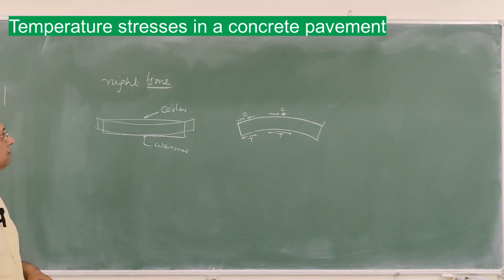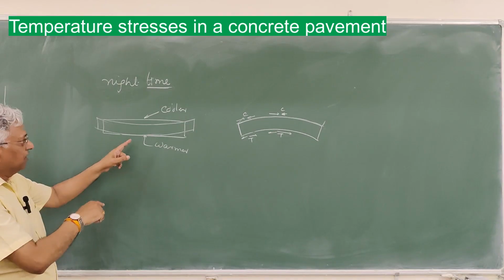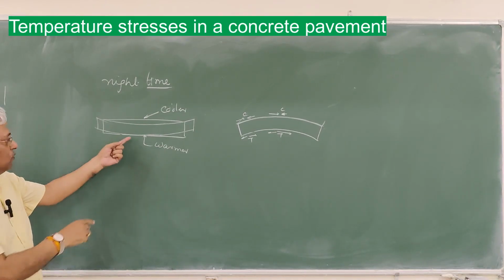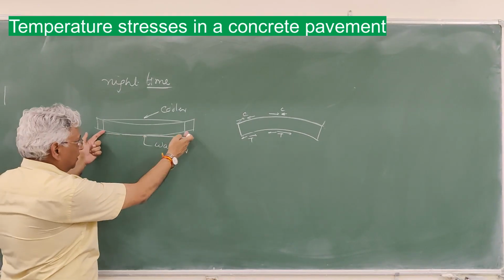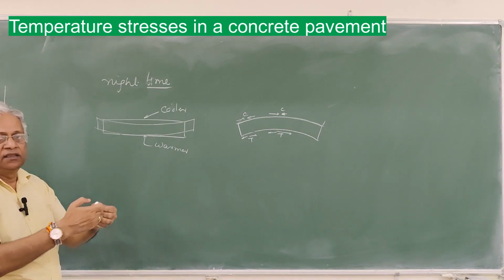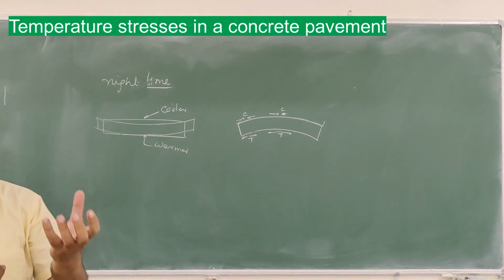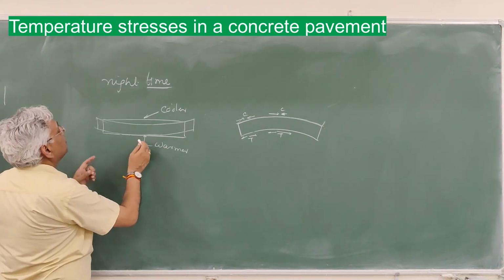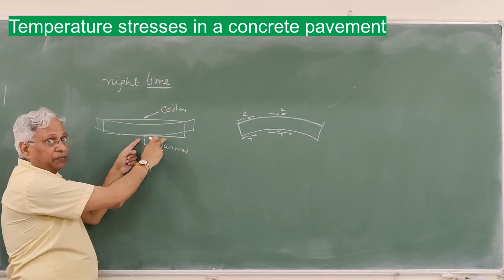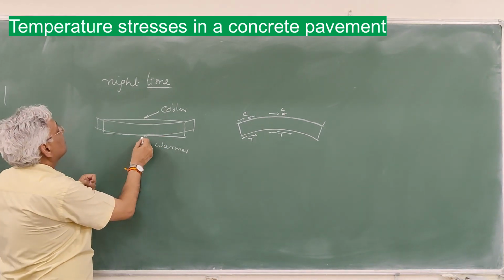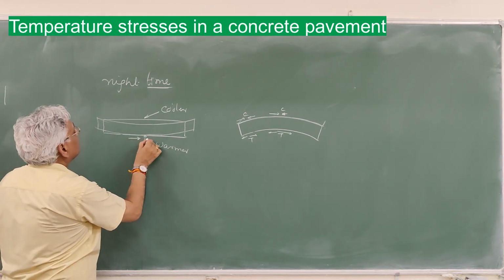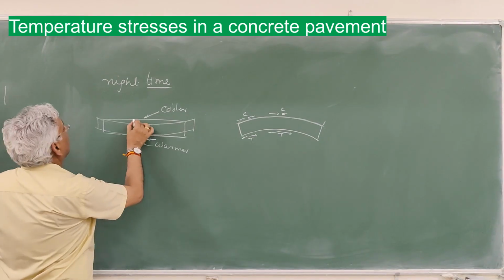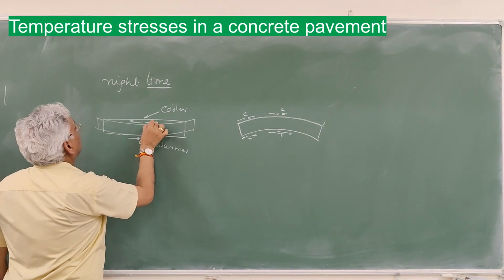Now here again, by the same principle, when this fiber expands, it will be resisted by the support provided by the base or sub-base, and therefore it will not be permitted to expand. So instead of tension, it will be now compression at the bottom, and tension will occur at the top of the slab.